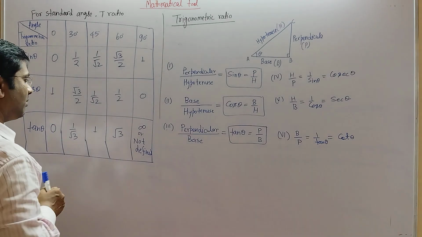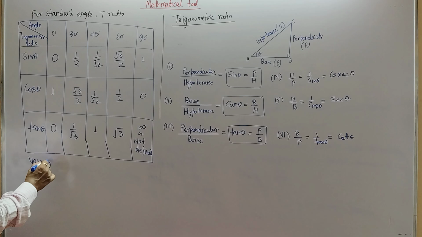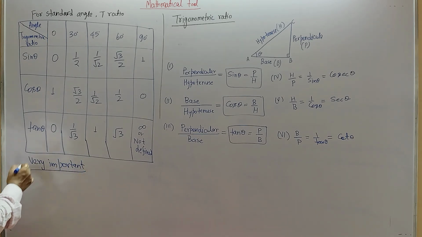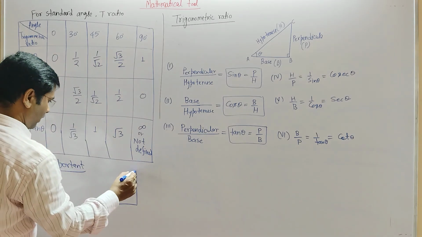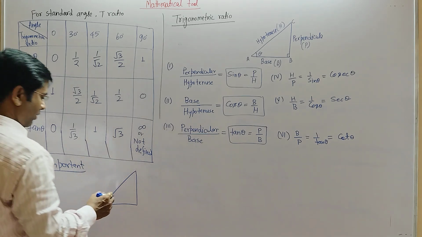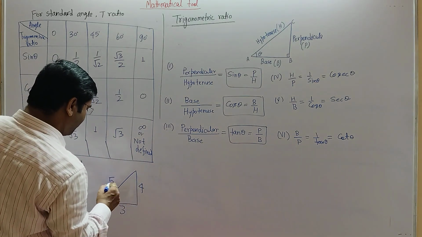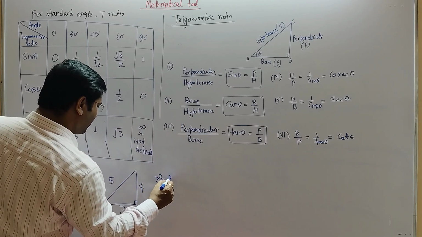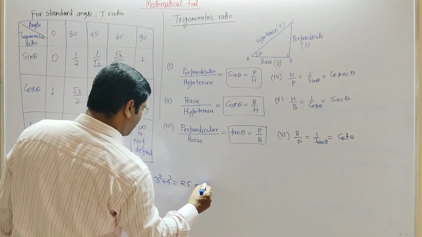Now one very important point you can note here, a very important angle which is mostly used in physics. If I'm taking a right angle triangle with sides 3 and 4, and of course if it is 90 degrees, then 3 square plus 4 square will be 25, that is equal to 5 square.